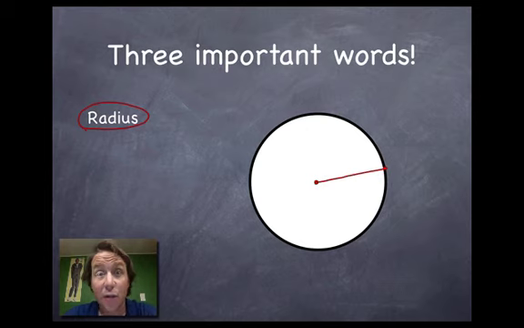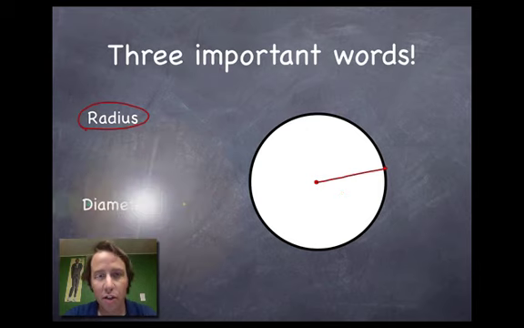But the distance from the center of a circle to any point on the outside is the radius. Because it's going to be the same, right? Because a circle is perfectly round. So this distance here is going to be the exact same as this distance here. Okay, so a radius is the measure from the center of the circle to any point along the outside of the circle. Okay, radius.